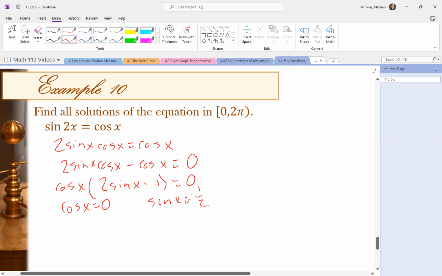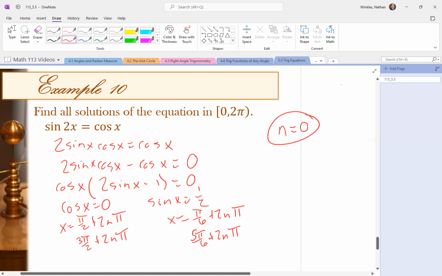So cosine of x equals 0 at pi over 2 plus 2 pi n and 3 pi over 2 plus 2 pi n. Sine of x equals 1/2 at x equals pi over 6 plus 2 pi n and 5 pi over 6 plus 2 pi n.